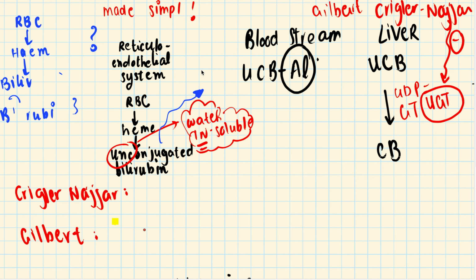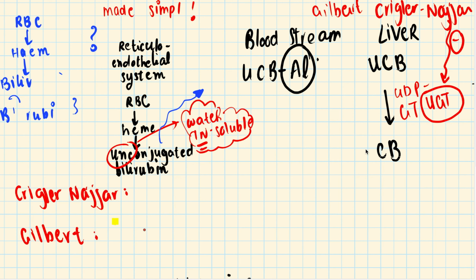Now, another way you get unconjugated hyperbilirubinemia is when you get a lot of hemoglobin and RBC destruction, such as in hemolysis, extravascular hemolysis. Then you will have elevated unconjugated hyperbilirubinemia, simply because you're producing so much.